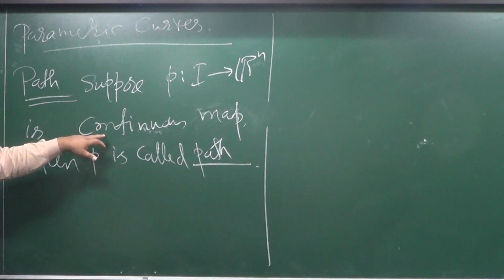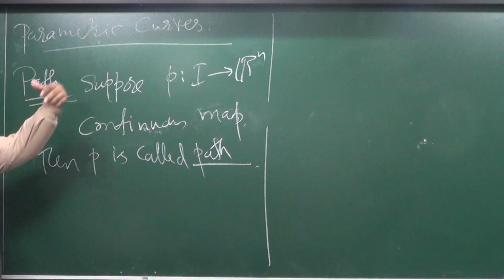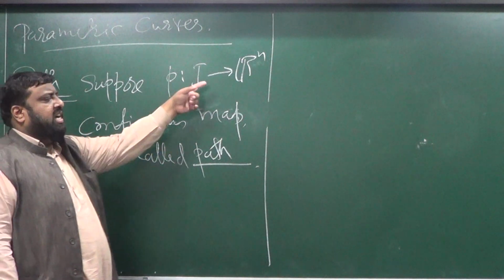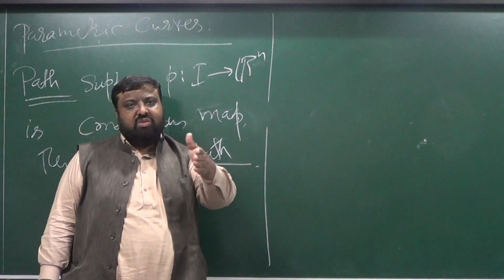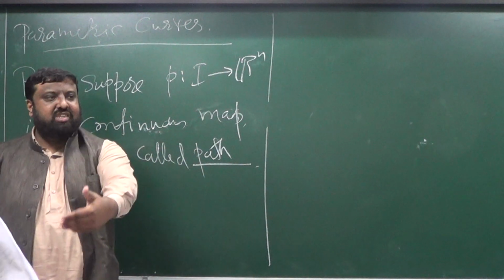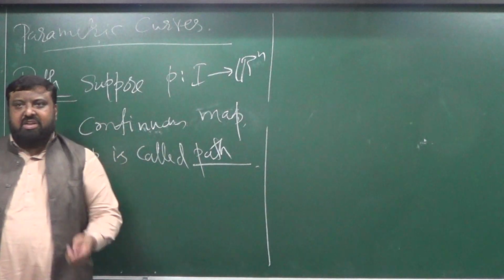So this continuity is not continuity in one dimension but continuity in Rn. And we know that a function in Rn is continuous if each component is continuous. So it again breaks down to the continuity that you learned in your one-dimensional calculus.